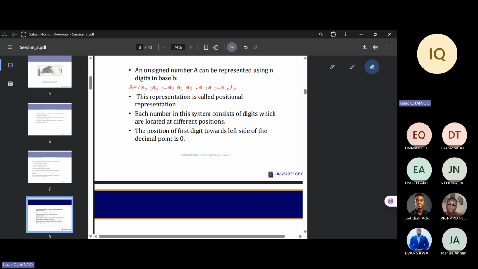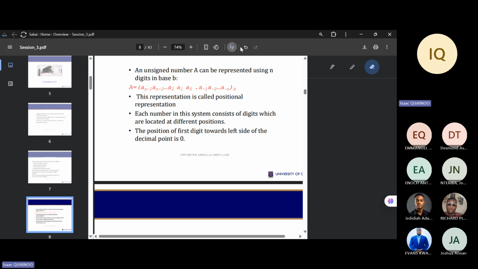digits in base B. Okay, so basically, the position of any digit in that particular number system is the position of the previous digit minus 1. Let me just illustrate this.